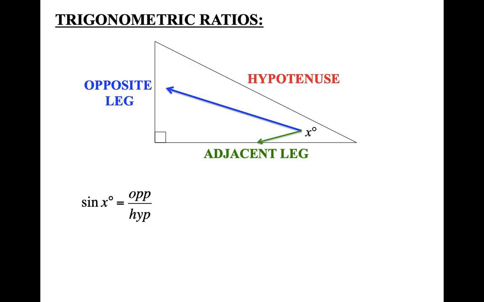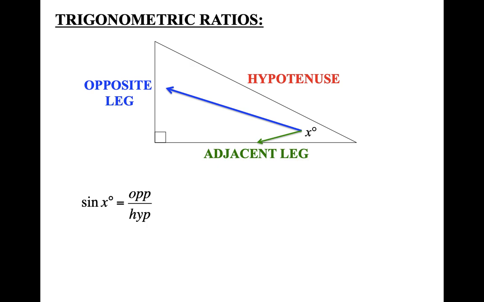So what this is saying is that when we have an acute angle, because in a right triangle, the two angles that are not the right angle are both acute, when we have an acute angle and I apply the sine function to it, we input the angle and we output the ratio opposite over hypotenuse.